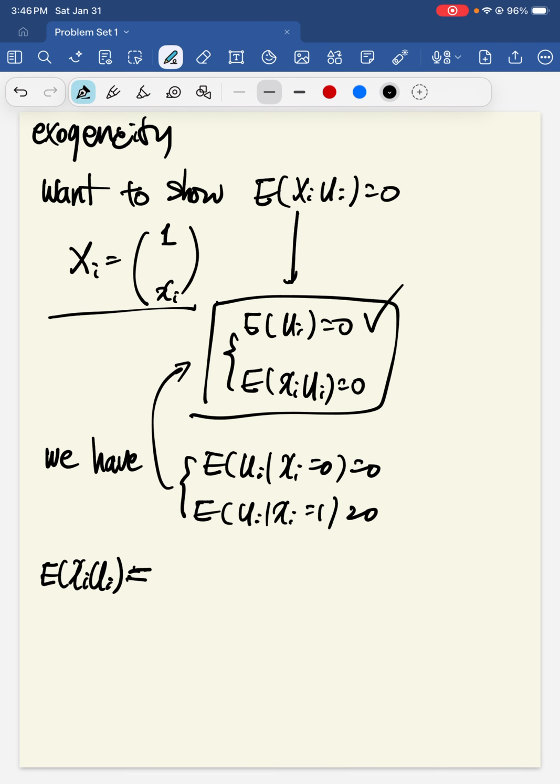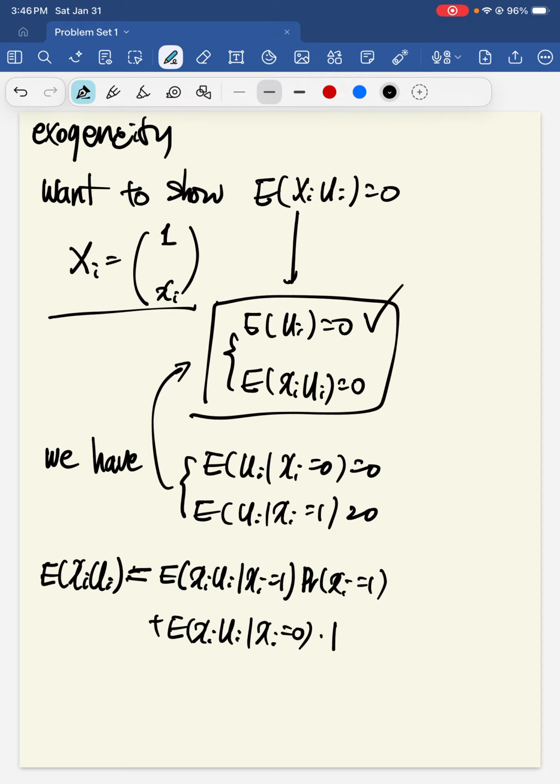We would like to show that there are many different ways, but you may use the similar formula: the expectation of xi ui given xi equals 1 times probability xi equals 1, plus the expectation of xi ui given xi equals 0 times probability xi equals 0.